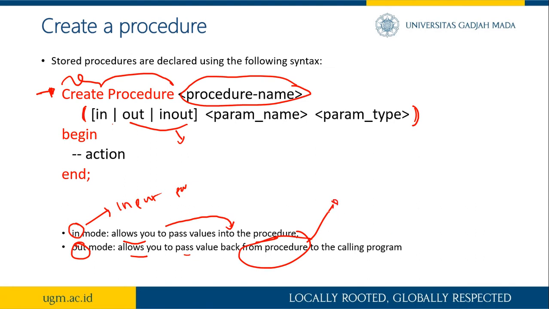It's like a parameter for the return values. Inout is a combination of in as well as out, so it can be used as input as well as output. It is followed by the name of the parameter and the type of the parameter.